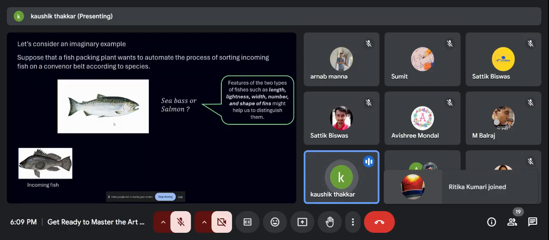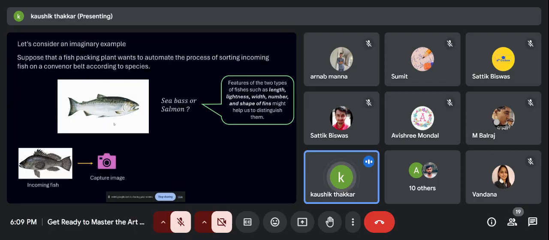So what we are trying to design is, suppose we have an incoming fish, we will capture its image, right? And we will have some feature extractor. For example, our features are the length, lightness, number of fins, shape of the fish, right? But when you capture an image, it's basically numbers, right?